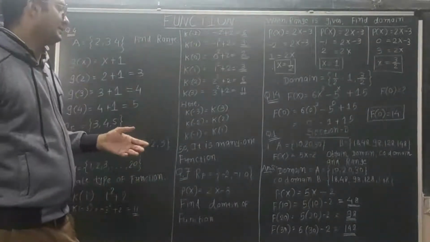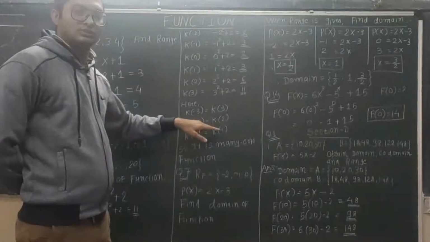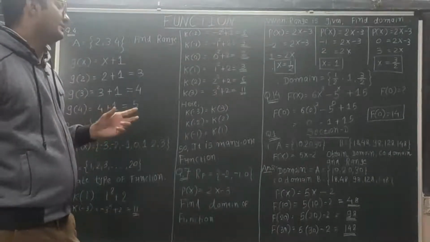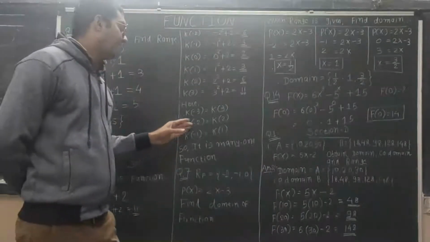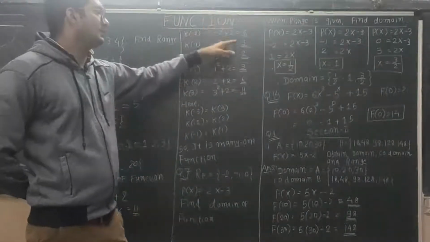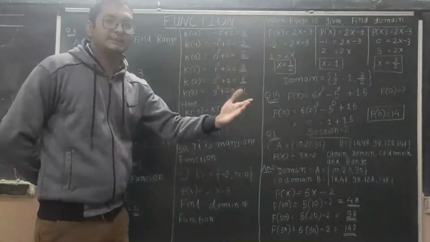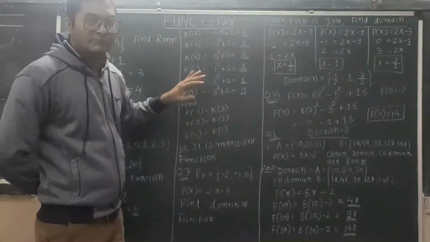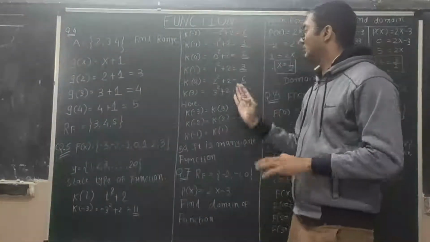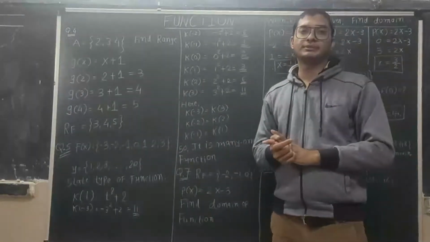So here you can see that these values are the same. It means it is a many-one function. Why? Because if any two values are repeated, then it is called a many-one function. If none of the values are repeated, then it is called a one-one function.